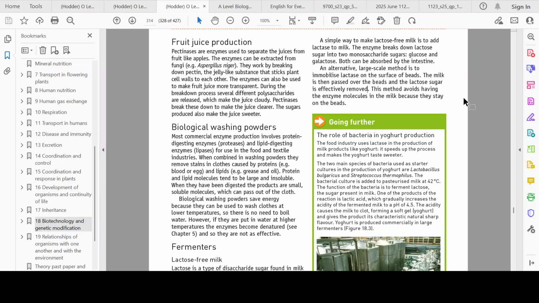But if you add liquid enzyme to the milk, and it becomes mixed in with the milk, even if it's not being chemically used up, you can't extract it back out of the milk. So using immobilized enzyme on beads keeps the enzyme in one place, whereas the milk is flowing over it and the lactose is being digested by the lactase enzyme, and so that makes the enzyme reusable, right?